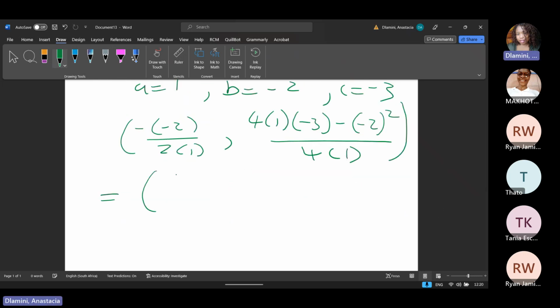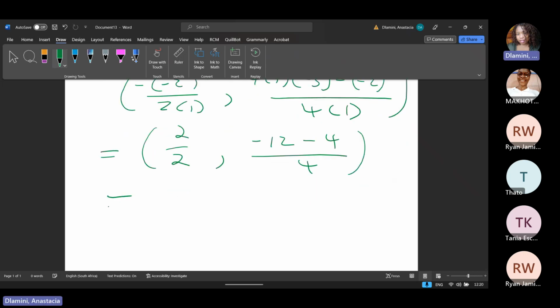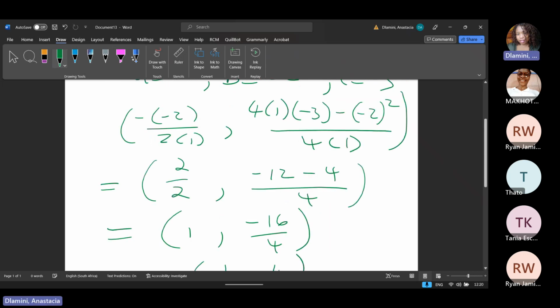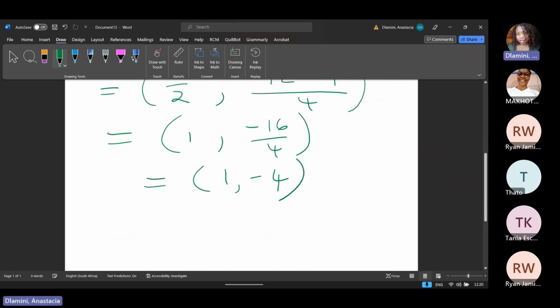So this equals 2 over 2, and then minus 12 minus 4 over 4. So 2 over 2 divided by 2 is 1, and then we have minus 16 over 4, which is equal to -4. Then we have found the turning point using the formula.